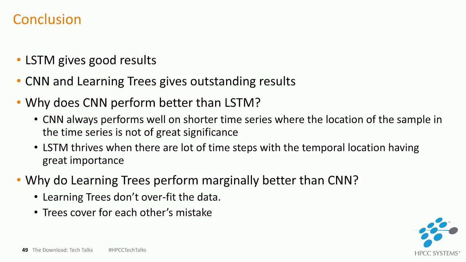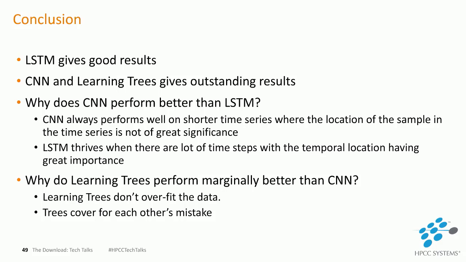And another thing is, each tree covers for each other's mistakes. Again, we could go back to the wisdom of crowds, where the entire crowd wouldn't make a mistake, but rather each person would cover for each other's mistakes. So if, say, we had 100 trees, for this particular model to give a wrong classification, more than 50 trees should be giving a wrong result.